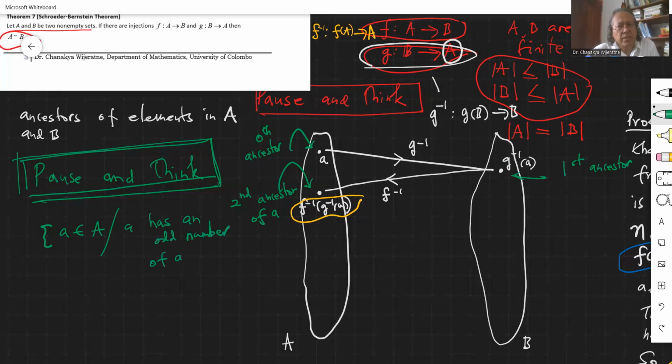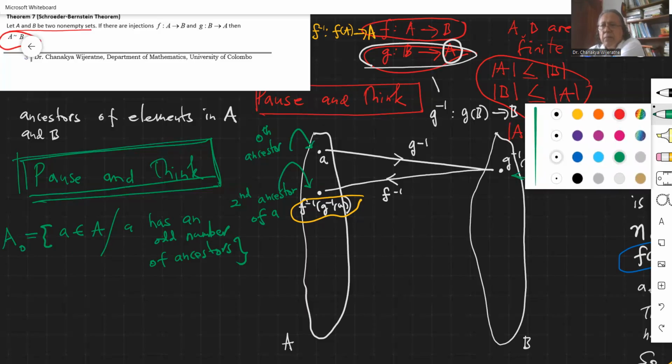We denote this by O. That means that for such elements, G inverse of that element exists, because it has to go at least once; it has at least a first ancestor.